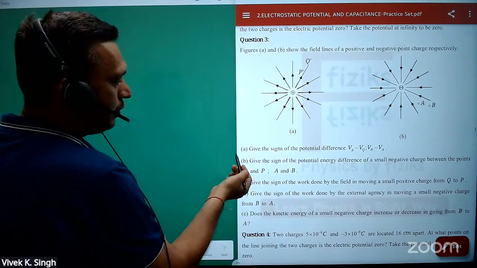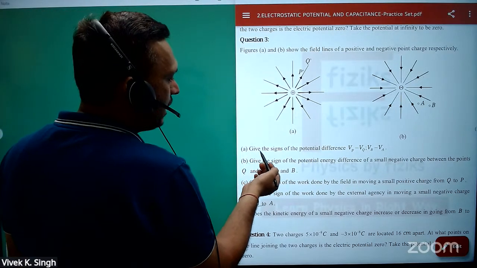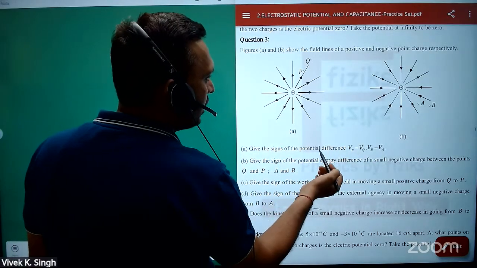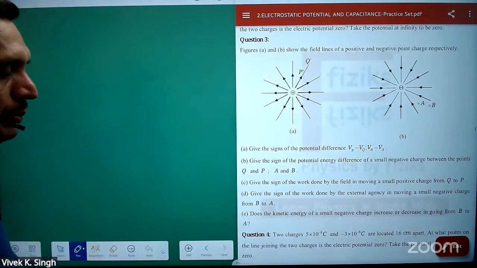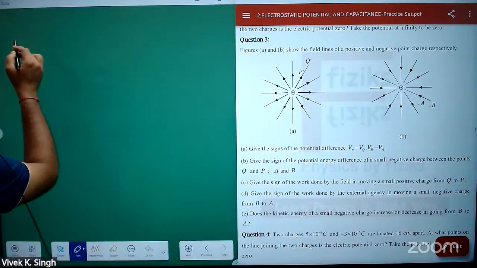So now just see part A. Give the sign of the potential difference Vp minus Vq and Vb minus Va. Whether it will be positive or negative, you have to check.